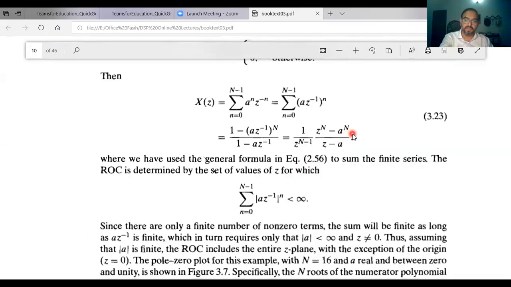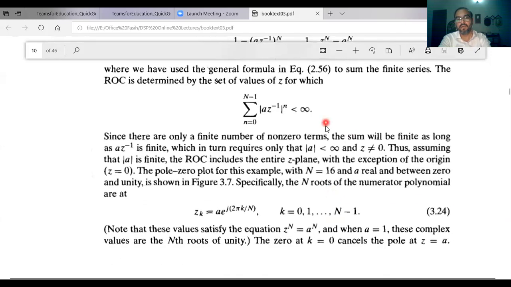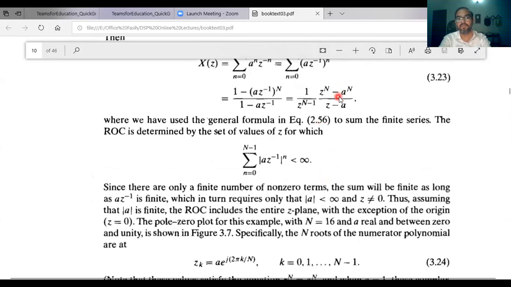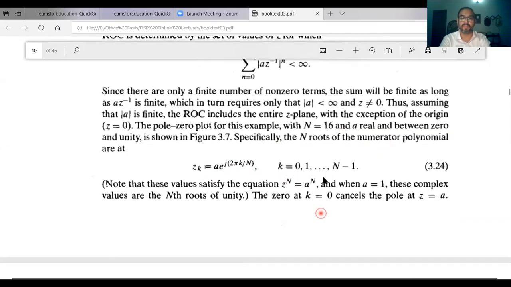All these zeros are distributed around the circle of radius a. So the N roots of the numerator polynomial are z sub k equal to a e to the j 2 pi k over N, for k equal to 0 to N minus 1.